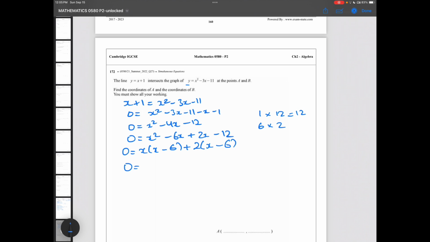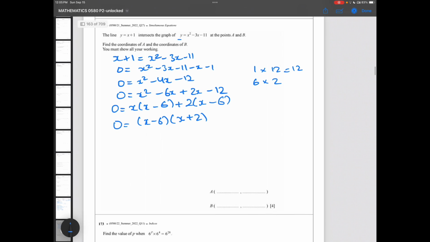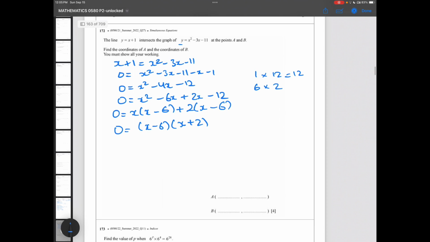So x minus 6 in brackets is the common over here, and what's left is x plus 2. Again, we get the two values of x: x minus 6 is equal to 0, or x plus 2 is equal to 0. The first value for x is 6, another value is x is equal to minus 2.